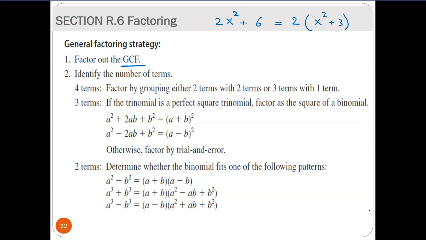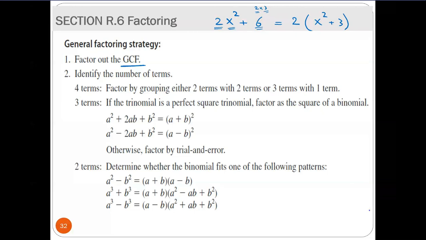Why? We have here 2 and 6 equals 2 multiply 3, so we can take 2. So the greatest common factor here is the number 2 and the rest is x squared and 3.